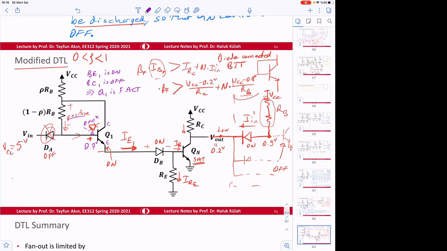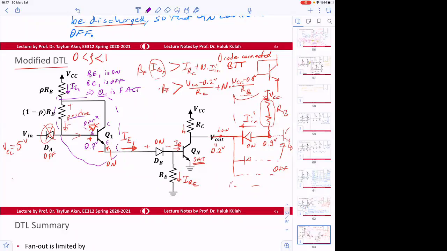Now here, in order to find the voltage equation and find the current IE, that's what we need so that we can find I base, IE1. If you look at the circuit here, this current due to the loop is also IE1.